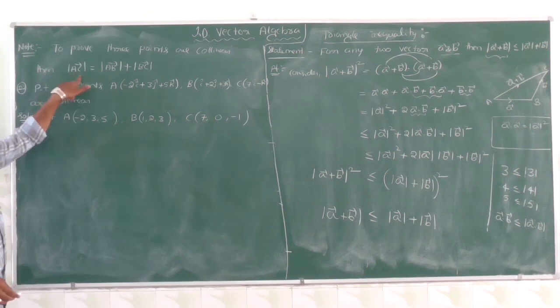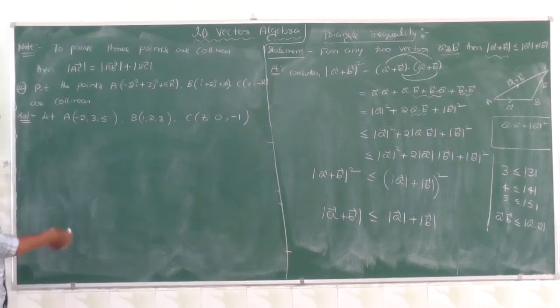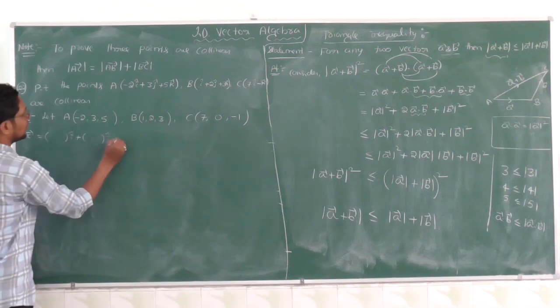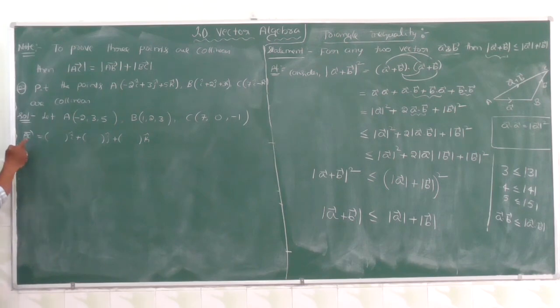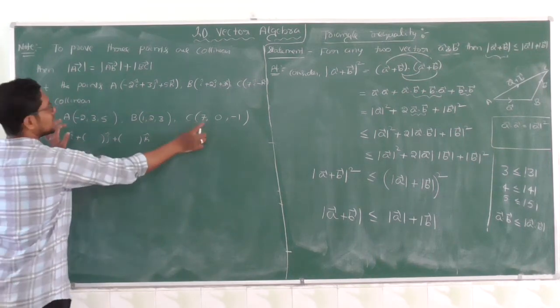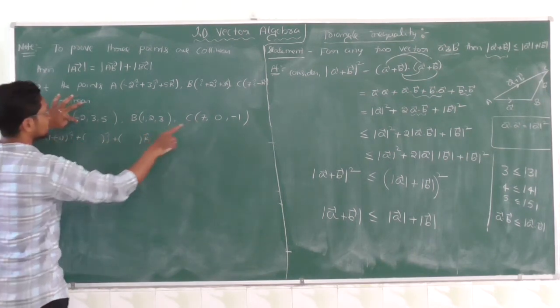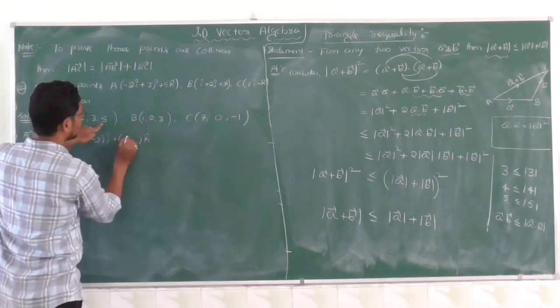First we have to find AC vector, the vector joining A and C. AC vector equals, we just write i, j, k. How to find AC vector? C minus A, terminal point minus initial point. 7 minus of minus 2, next 0 minus 3, next minus 1 minus 1.